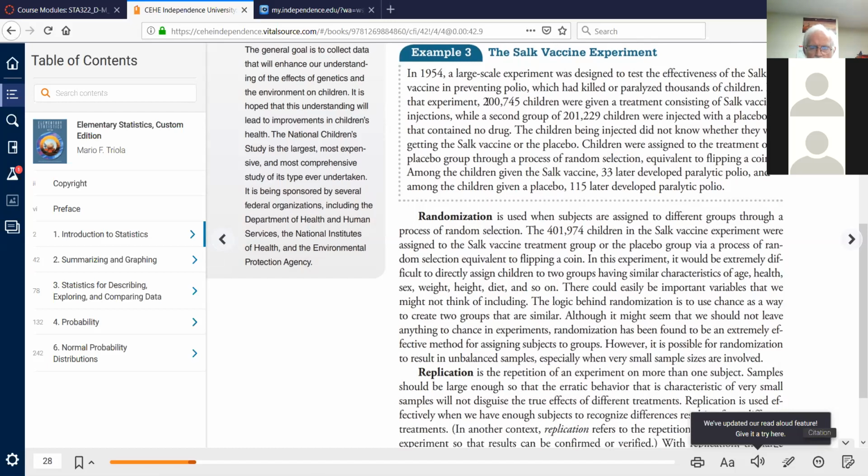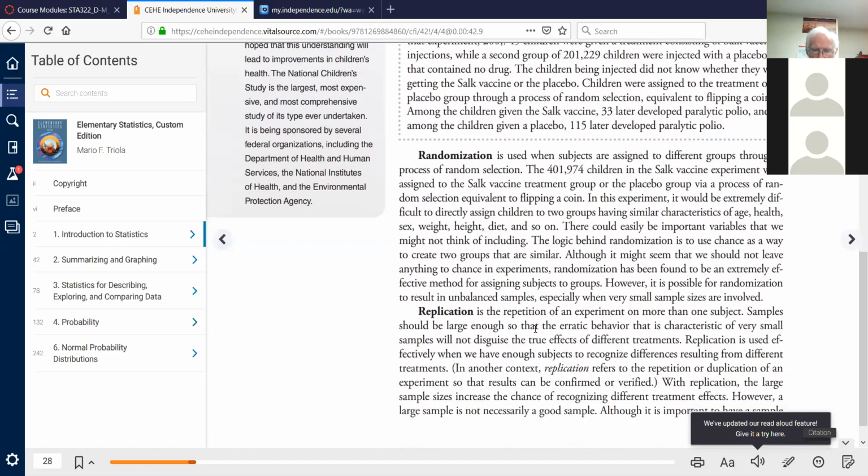Now these numbers, 200,000 people in each group, basically 201,000 in each group. 33 children given the vaccine developed polio, and 115 given placebo. That was considered a pretty significant difference, and it indicated that the vaccine was effective. Now we've improved the vaccine since then, and the oral vaccine is even more effective than the injectable.